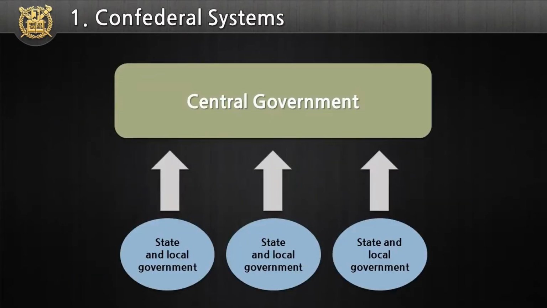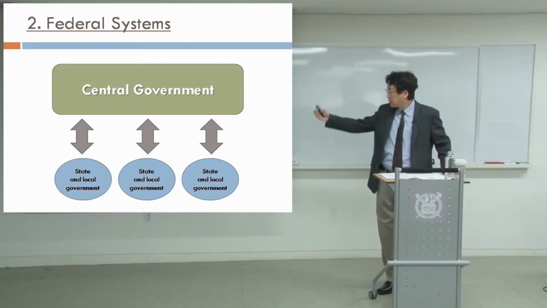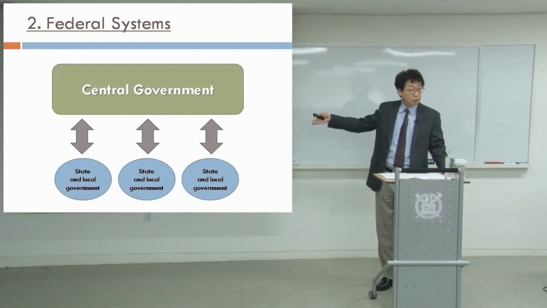And this figure portrays the resources and power in a federal system. And you can see that they move actually back and forth, right? So both central and local governments have resources and their own separate decision-making power.